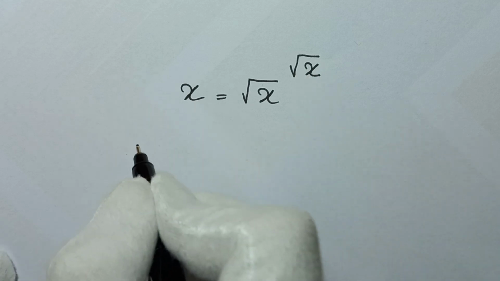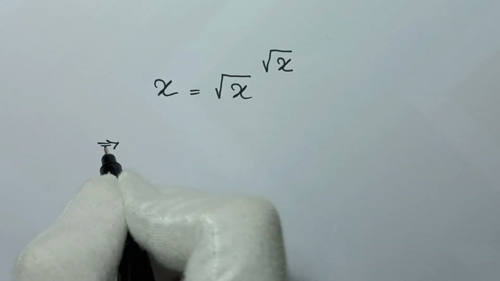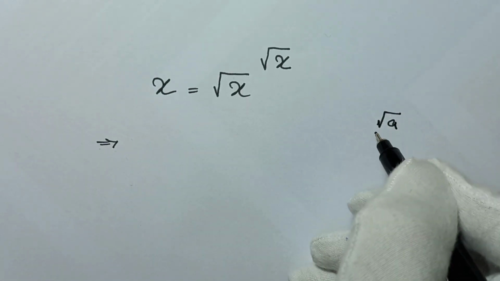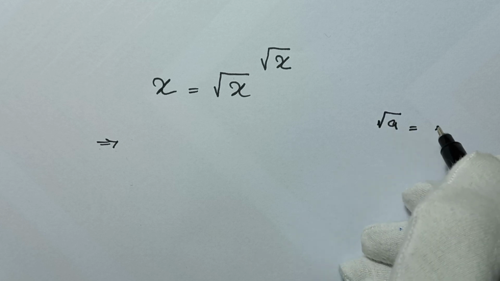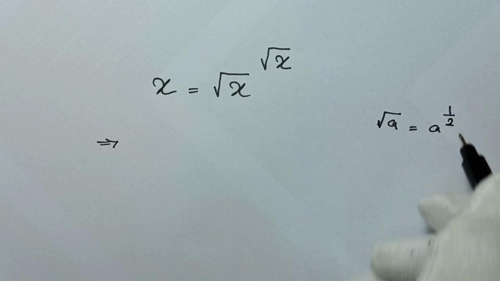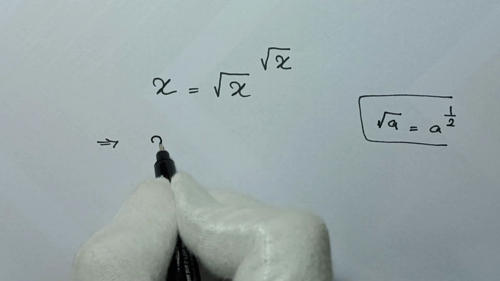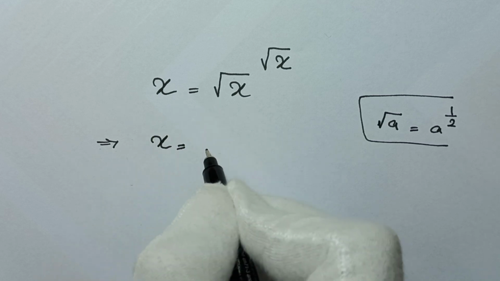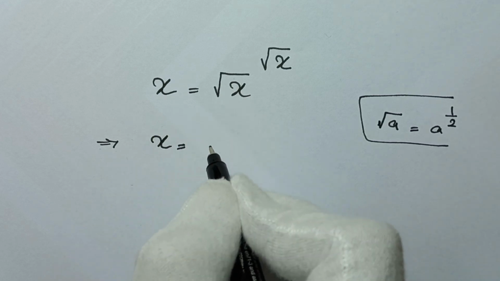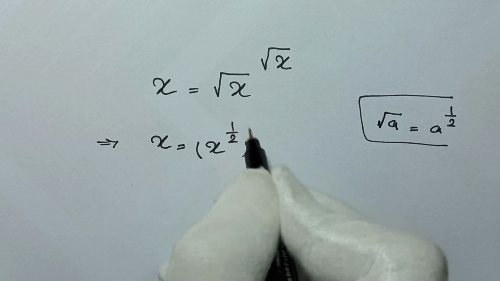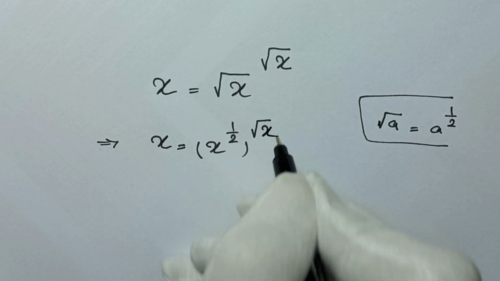In the first step, as you know, if we have square root of a, we can write this as a to the power of 1 over 2, right? So here we can write x equals square root of x as x to the power of 1 over 2, and to the power of square root of x.